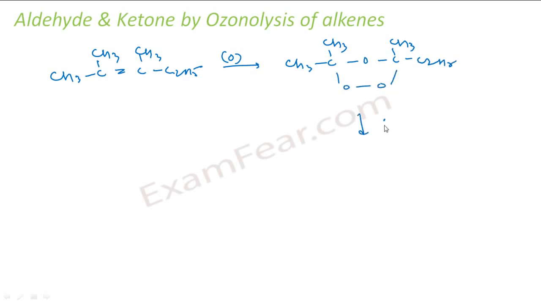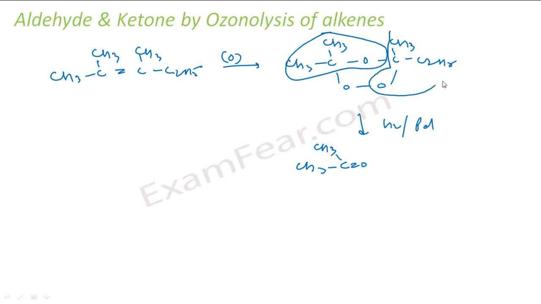Now on this, if you add the reduction, you get CH3. This is one compound, this particular part, and the other is this one. And some water actually. This is the output. If you see, both are ketones.